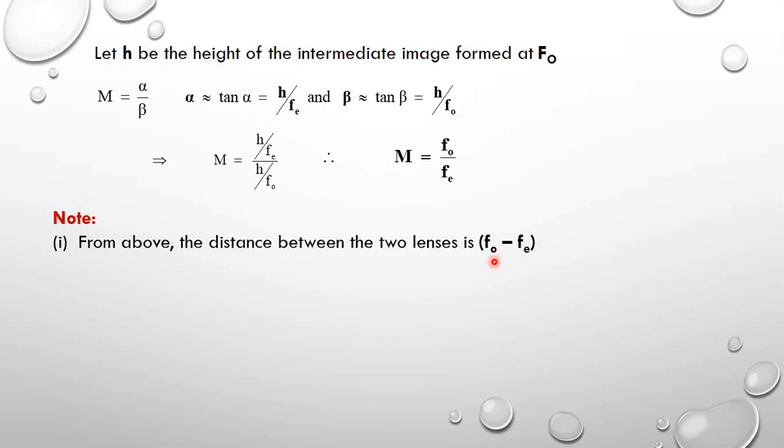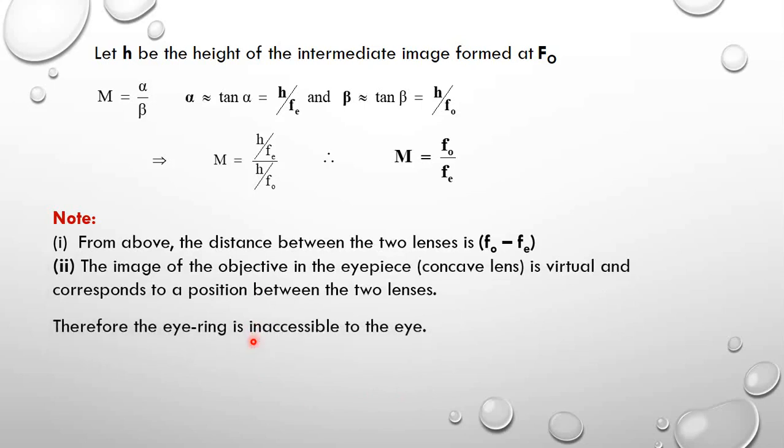Also, the image of the objective in the eyepiece, the diverging or concave lens, is virtual and corresponds to a position between the two lenses. Therefore, the eye ring, in this case, is inaccessible to the eye.